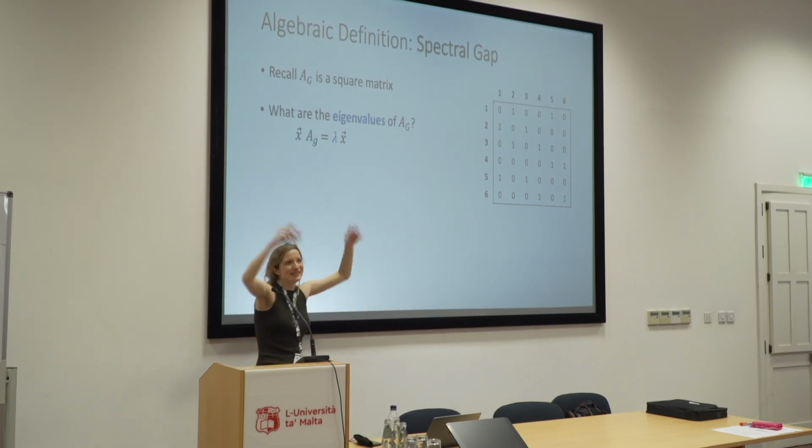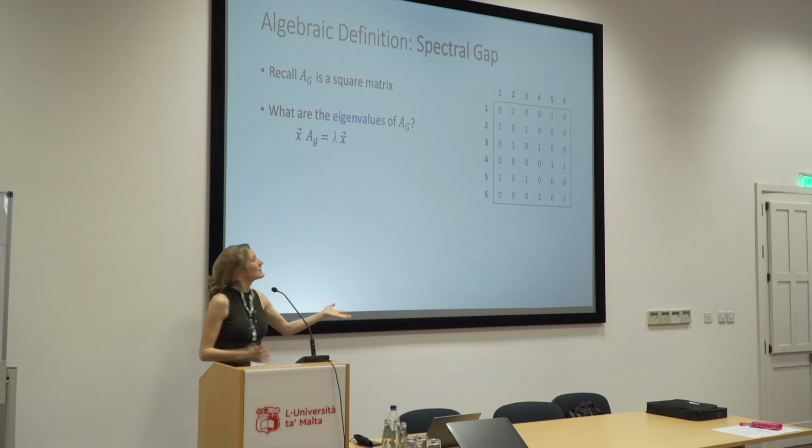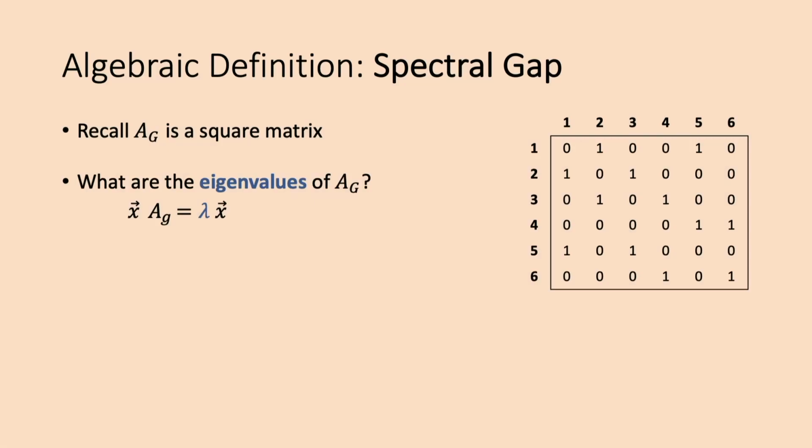And what are you doing on a Friday night with nothing else to do? You've got yourself a square matrix, so you might as well ask, what are the eigenvalues of this matrix? Just a recap: what are eigenvalues of a matrix?